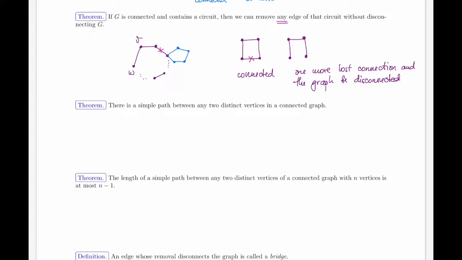I think by now you should be able to draw a picture and, using this kind of logic, see how to get to this result. There is a simple path between any two distinct vertices in a connected graph. So if I pick some two vertices in a connected graph, that will be the beginning of your proof. Use previous results to show that I can get from one to another via a simple path. So not a walk nor a trail, but an actual path.